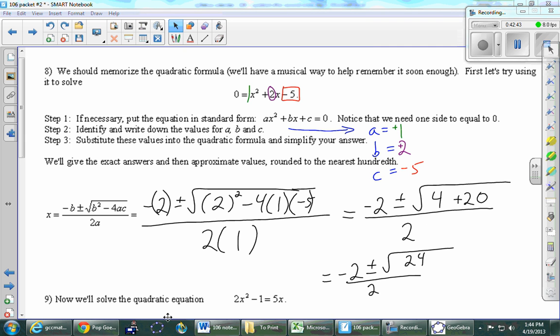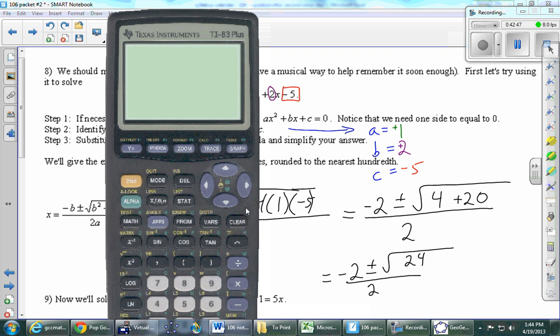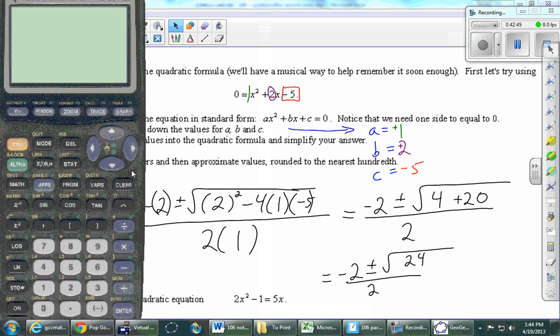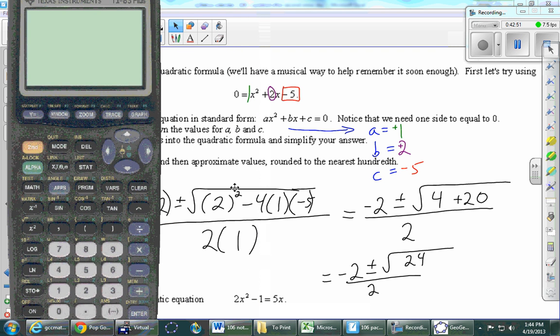Okay, so there's more to do about this one, but I promised a calculator thing, so let's do the calculator thing here. What you can do on the calculator is this thing just underneath the radical. So for example, I can type in 2 squared, and then -4 times 1 times -5, and type in parentheses, just like I did when I wrote it.